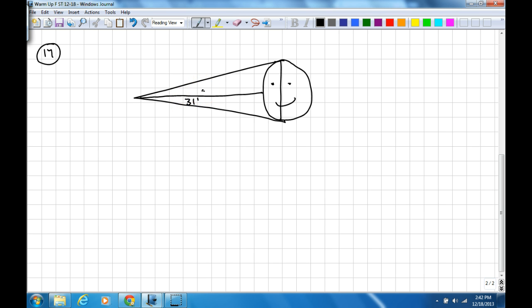Okay, so it's an angle of 31 degrees, and the distance was 239,000 miles. All right? From this information, estimate the diameter of the moon by finding the length SK. So we need to find this length right here.